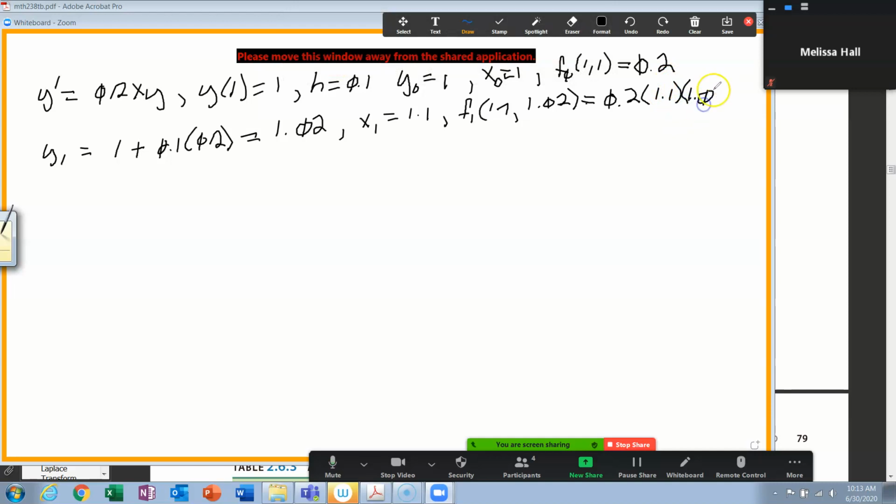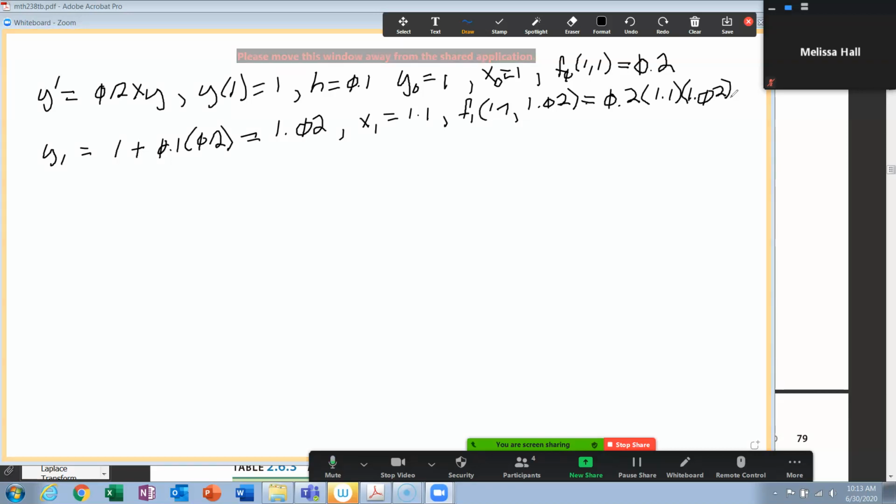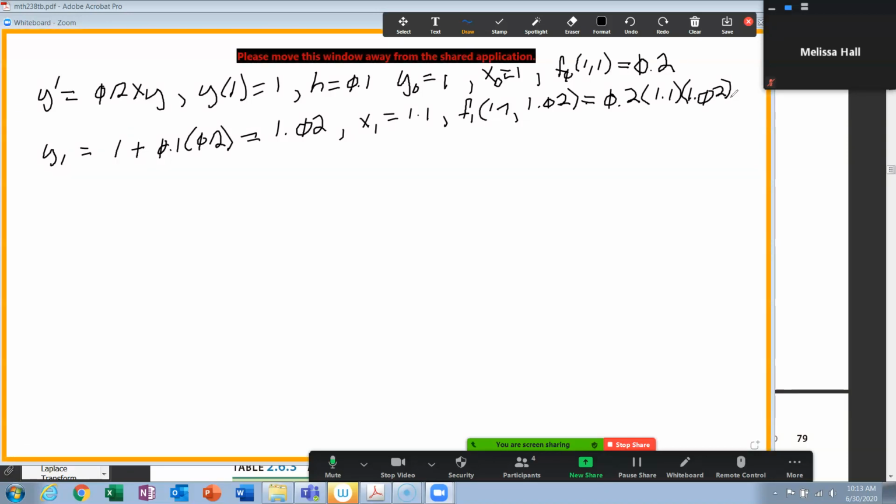Pull out the handy dandy calculator and see what that gives us. That was 0.2244.